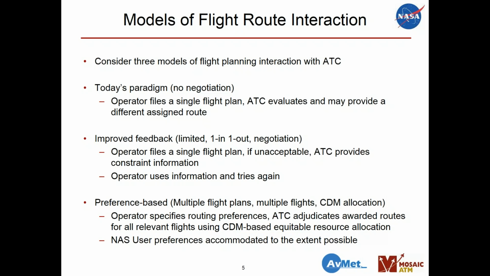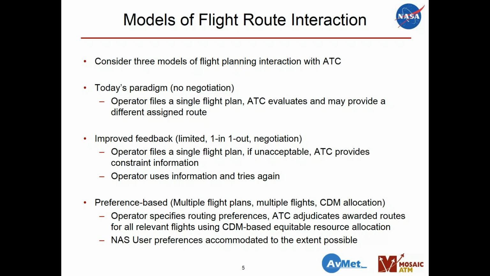And we want to distinguish that then from the third model, which we've referred to here as a preference-based model, where in this model, the flight operators would actually file multiple potential flight routes, and the flight routes would indicate a routing preference from the operator, and then ATC would be able to use CDM allocation principles to adjudicate and award the routes using equitable resource allocation.